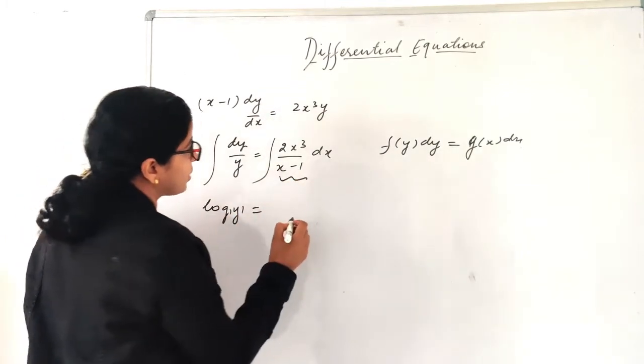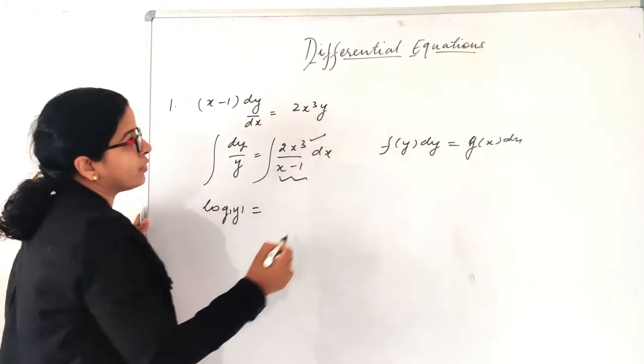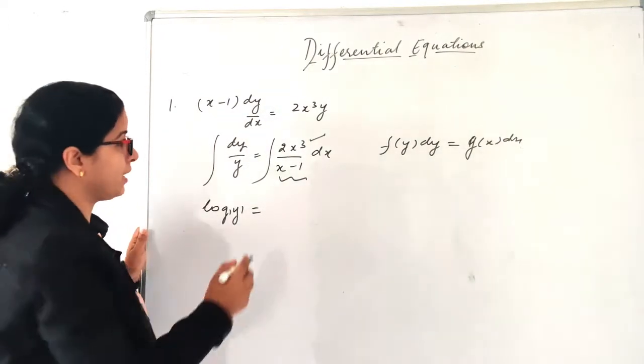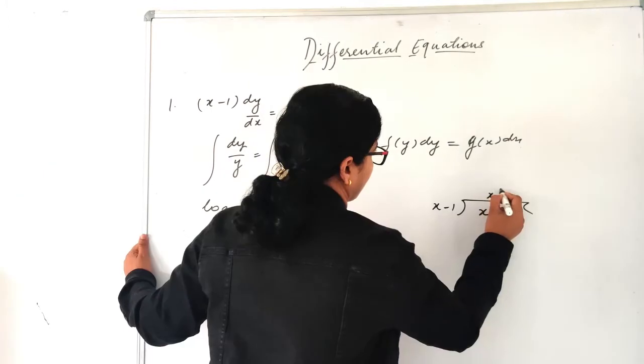And how this can be solved? I told you whenever the degree of numerator is greater than the degree of the denominator, we have to first divide, right? So let us divide it.